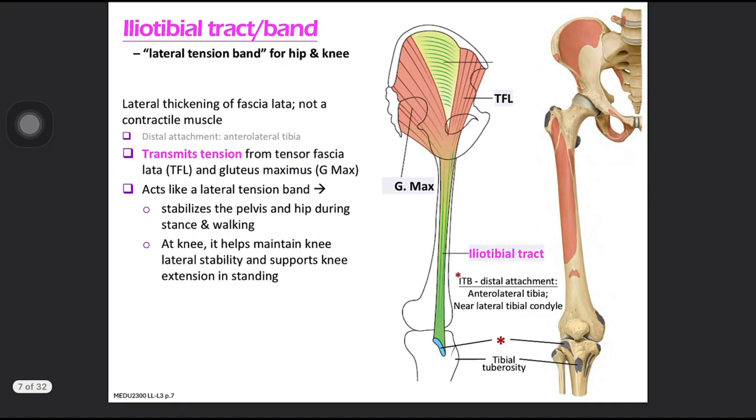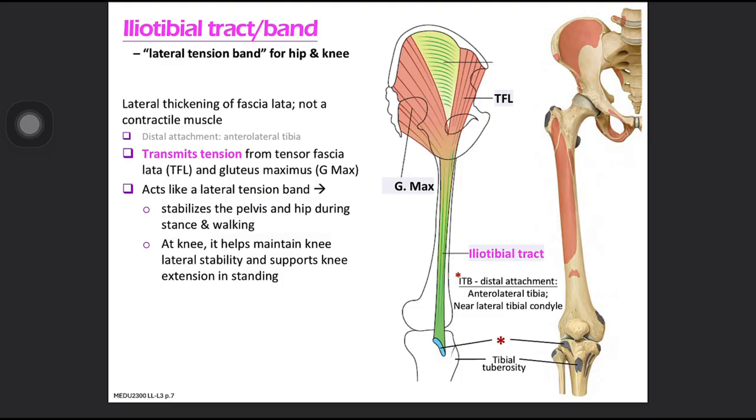Okay, so now we're down to this slide. In case you are using the old notes, you have to refer to this new one, because this year I added this new slide here for better understanding. So, the iliotibial tract. Why do I want to mention this? Because I think it's better to know it in nature, and then we will talk about the gluteus maximus and also the tensor fascia lata later on, because these two muscles are actually built on this iliotibial tract, okay?